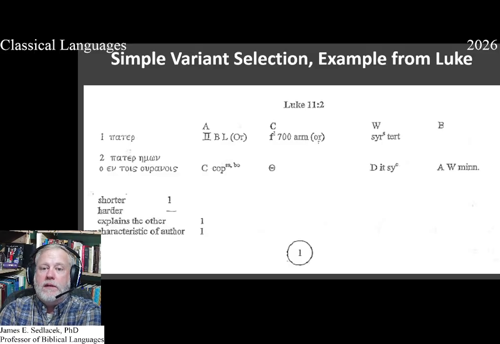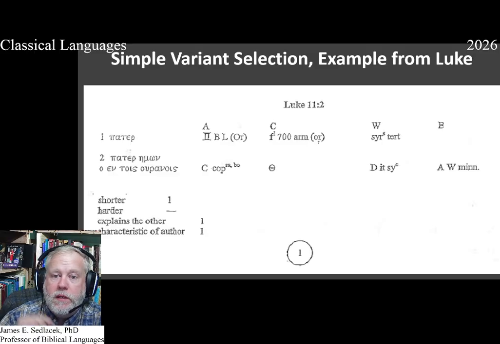But explaining the other, it's easier to explain, for example, that some scribe thought you needed to say in the heavens, or among the heavens, than to explain how a scribe would have read that and said, oh, we don't need that. Since it's easier to explain how it would get added than how it would get subtracted, number 1 is the one that explains 2. We have an easier explanation for getting from 1 to 2 than from 2 to 1.